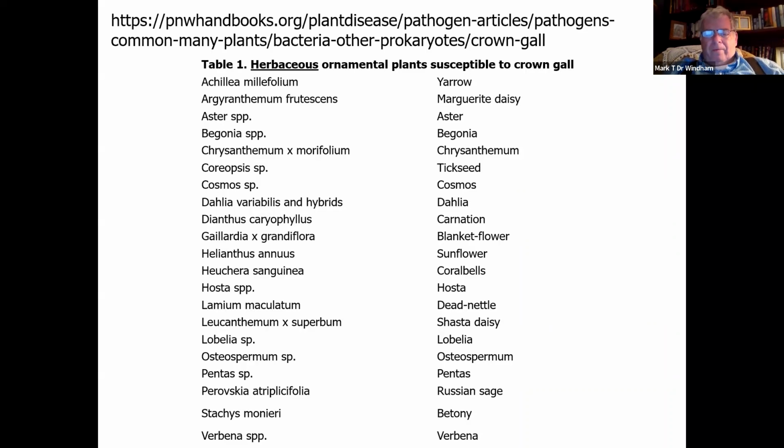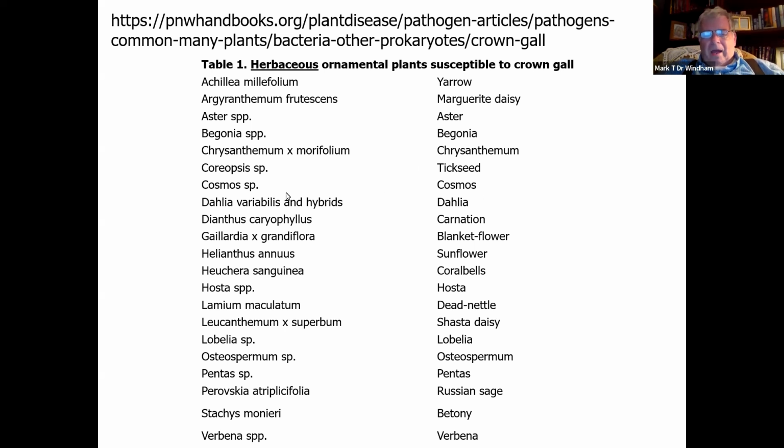But what I have found, and you can find this on the web, just like I have, you just Google herbaceous ornamentals or bedding plants or perennials that are resistant, and you won't find anything, but you will find this list of plants like begonias, asters. You see begonias actually on here in two different places. Chrysanthemum. There are many different things.